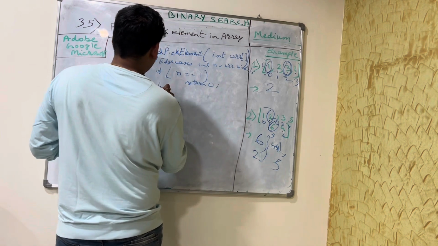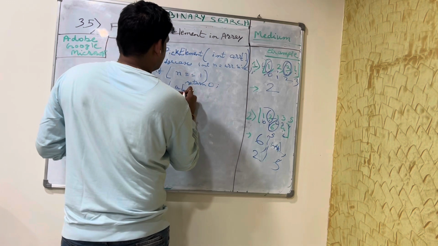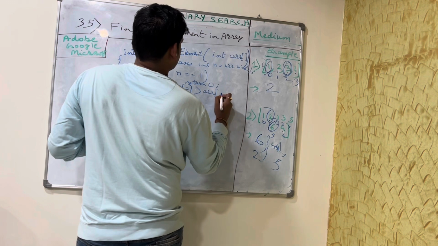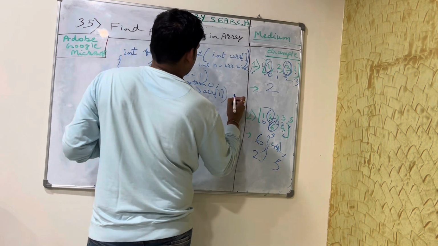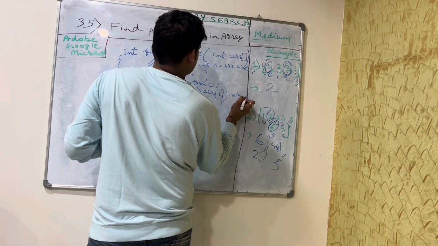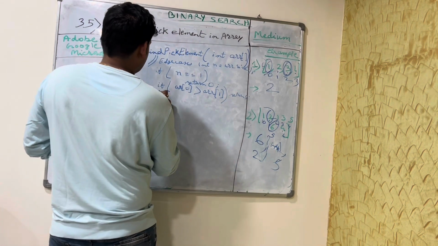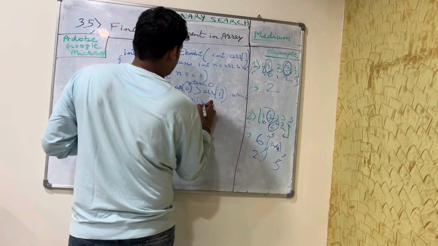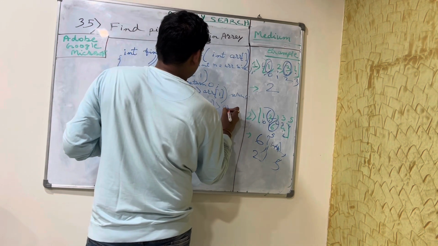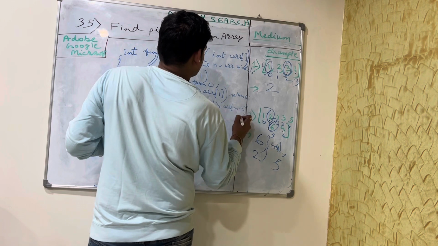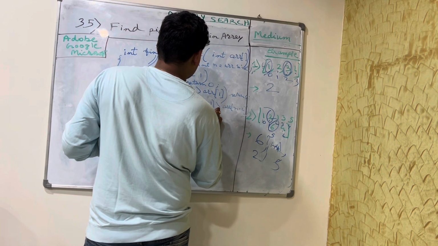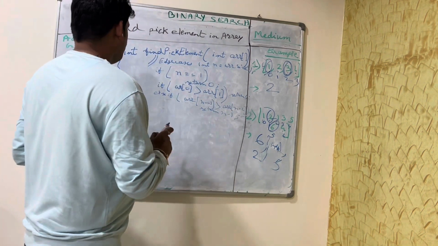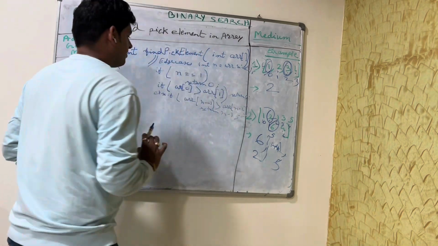If array[0] is greater than array[1], then we will return 0. Else, if array[n-1] is greater than array[n-2], then we will return n-1. Now, these are our edge cases.